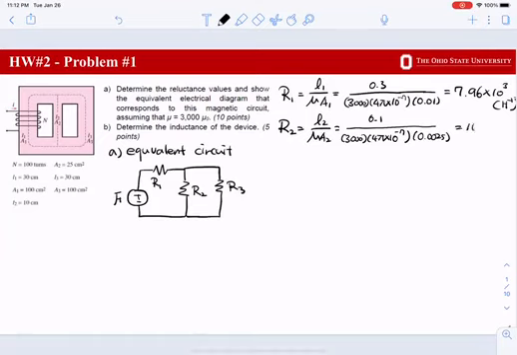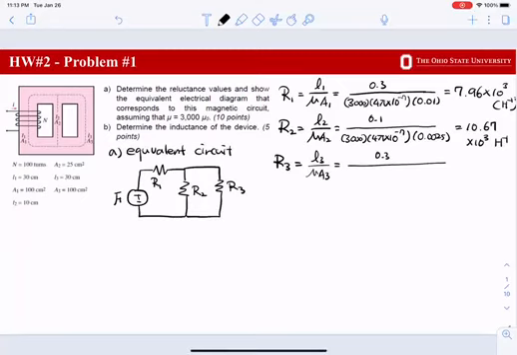So that is 10.67 times 10 to the third. Likewise, reluctance 3 is L3 over mu A3. So that is 0.3 over 3000 times 4 pi times 10 to the minus 7 and 0.01, and you get this value.